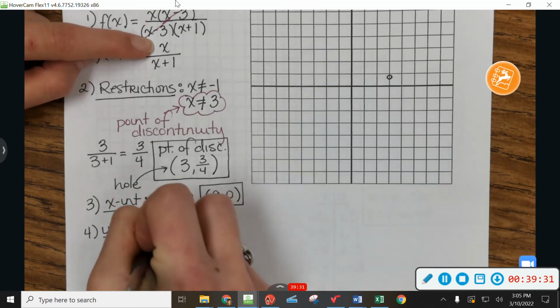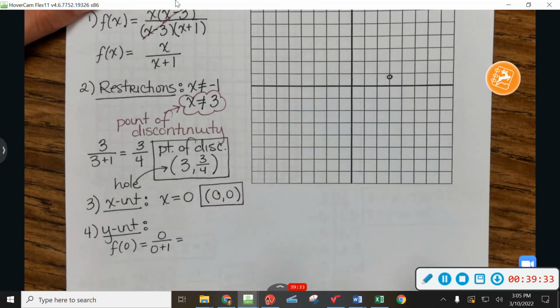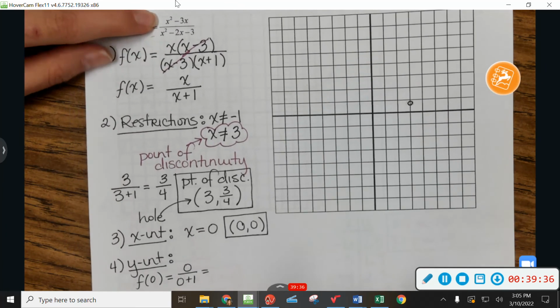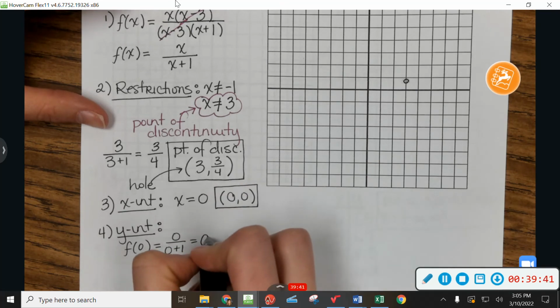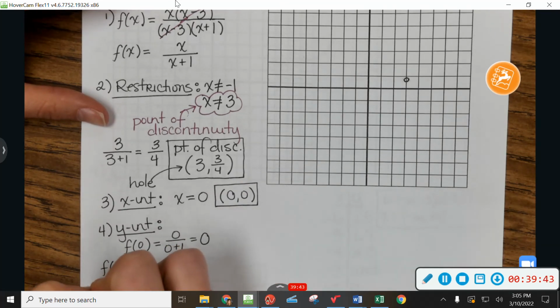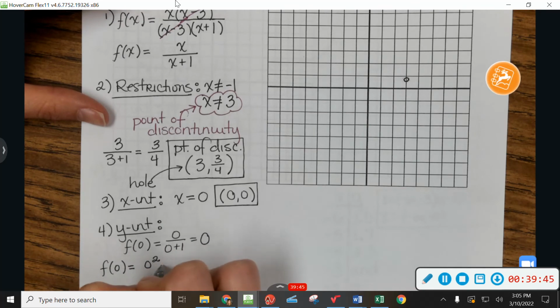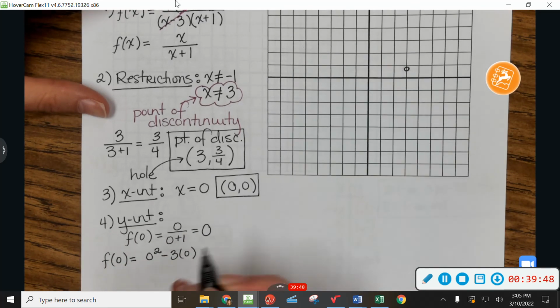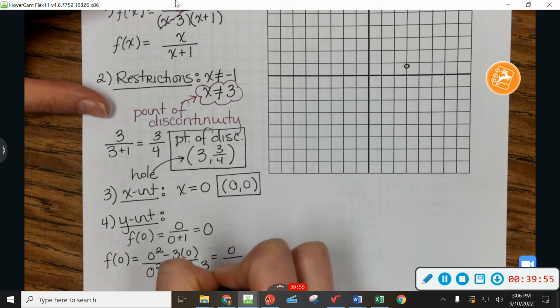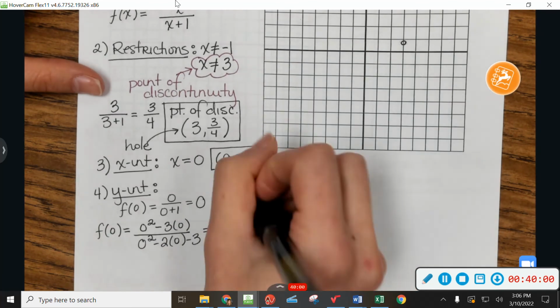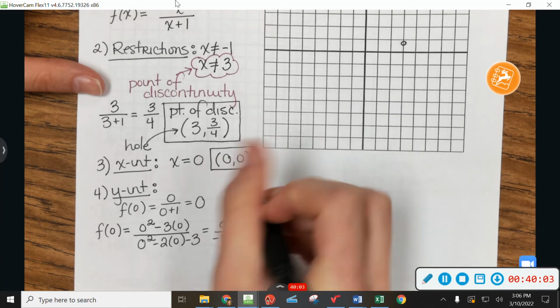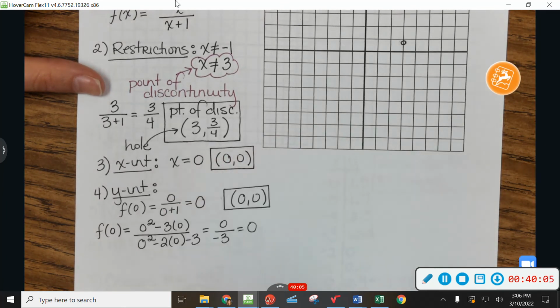So I've got 0 over 0 plus 1, or I could have done it in my original. I'm going to do both to show you get the same thing either way. Here, that gives me 0. If I plugged it into my original, I'd have 0 squared minus 3 times 0 all over 0 squared minus 2 times 0 minus 3, which gives me 0 over negative 3, which is also 0. Okay? So my y-intercept is the same as my x-intercept, 0, 0.